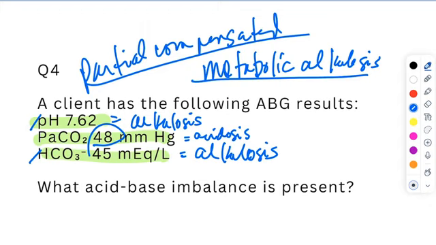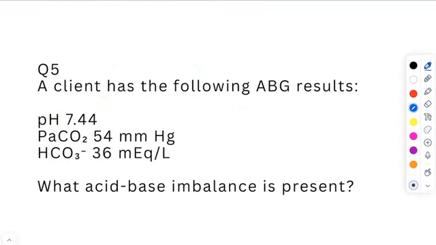Okay, so let's go to ABG number 5. So this is our ABG number 5, 7.44, PaCO₂ of 54, and bicarb of 36. Now let's look at what the final ABG is. Okay, I'm gonna wait for a couple of seconds.